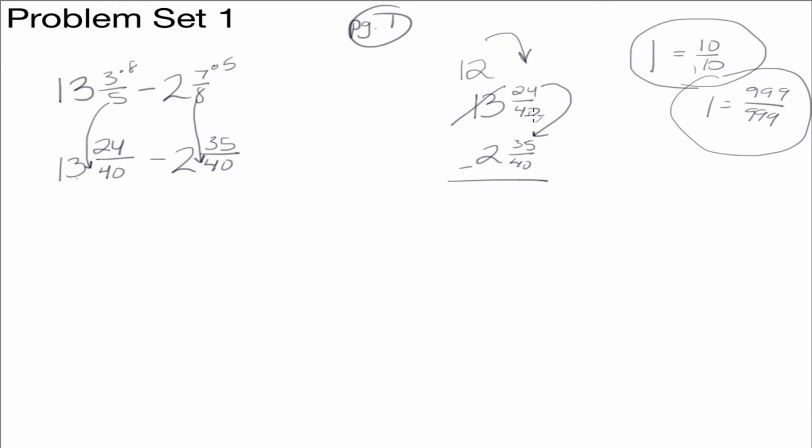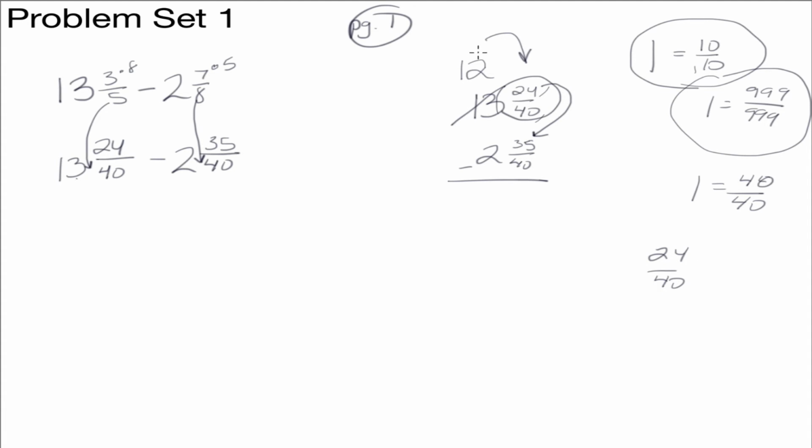Okay? Now, my denominator here is already 40. So what would be the intelligent thing to do to make our lives easy? As we're bringing 1 from the whole or counting number column to the fraction column, since the denominator is already 40, why don't we just make it, since 1 is equal to 40 over 40, let's just put it over there as 40 over 40. So over here in this part, we have 24 over 40.